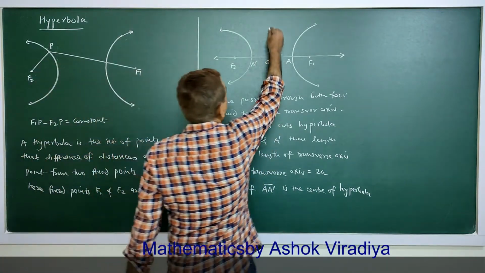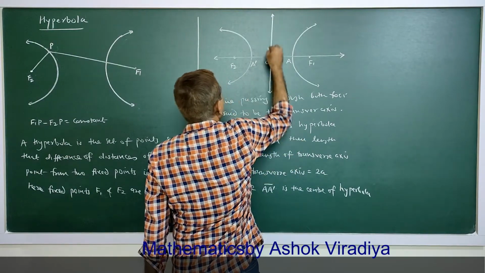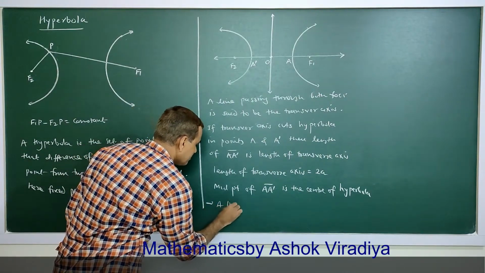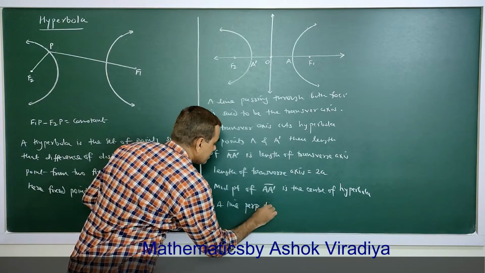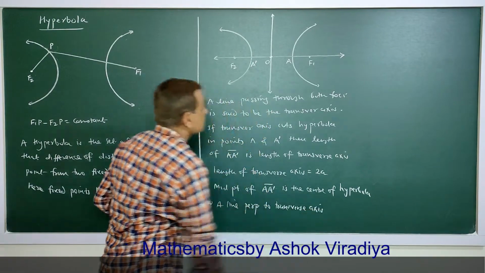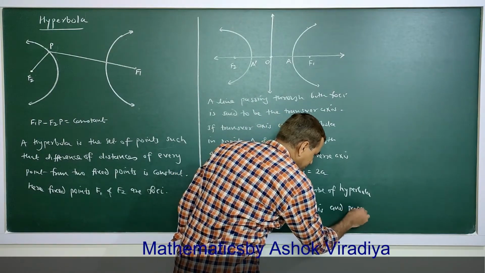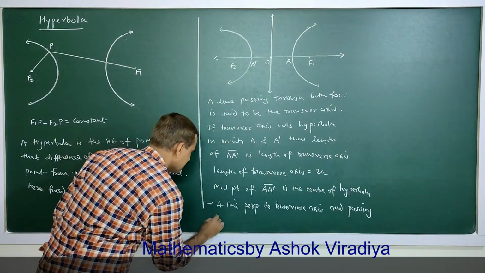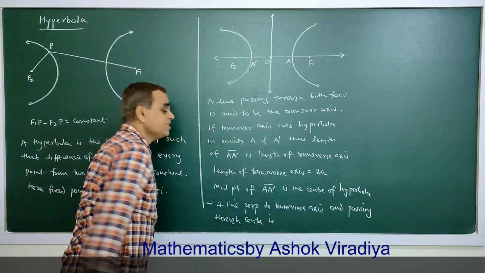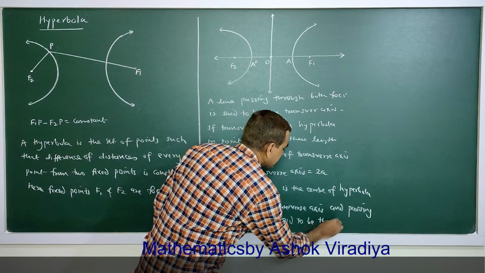Now if we take a line from the center perpendicular to the transverse axis, a line perpendicular to the transverse axis and passing through the center, it is said to be the conjugate axis.